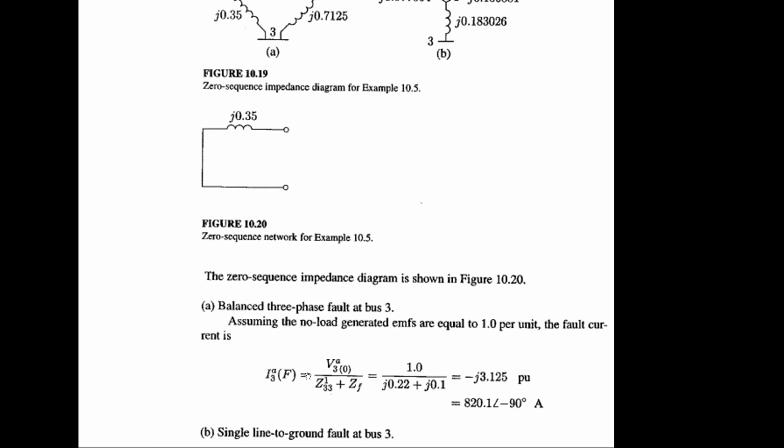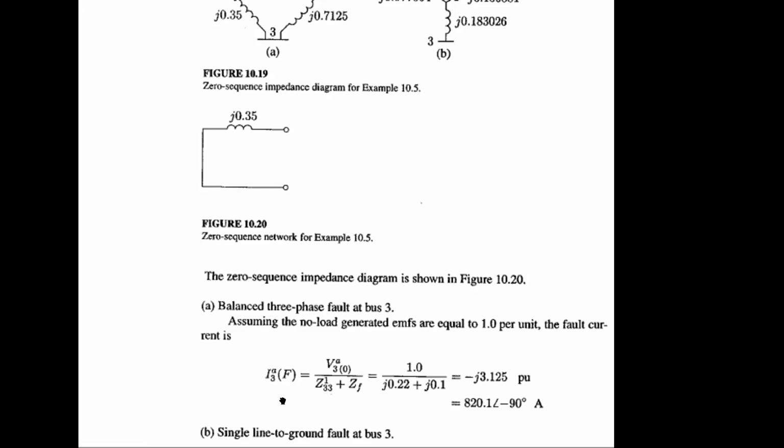I3A, in terms of the fault scenario, can be calculated based on V30, which is 1. V3, it might be V3 of the other phase also, because we have a fault at phase A, we have considered that scenario.